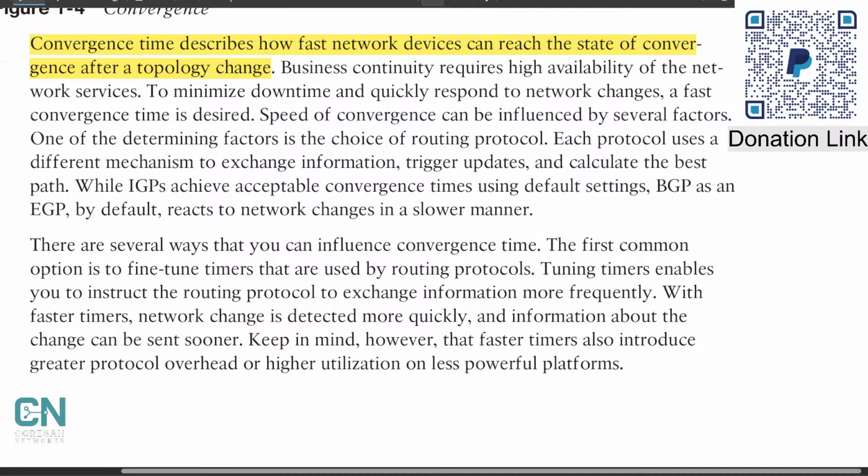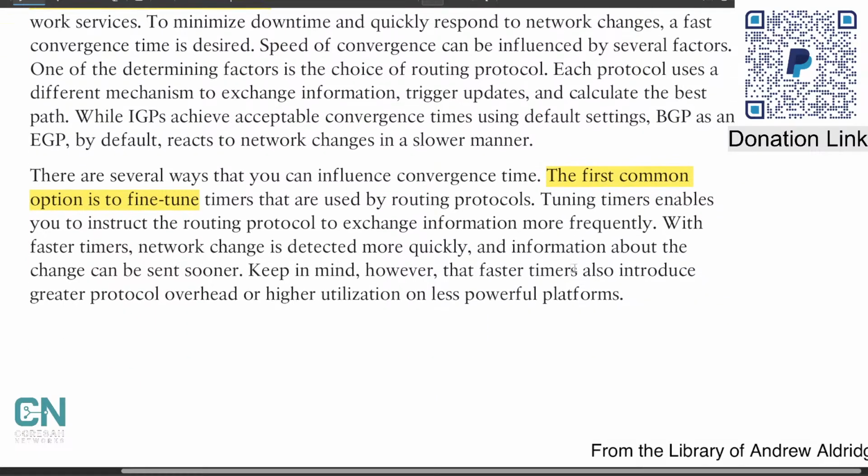The first common option, let's highlight it, is to fine tune the timers that are used by the routing protocol. Tuning timers enables you to instruct the routing protocol to exchange information more frequently.